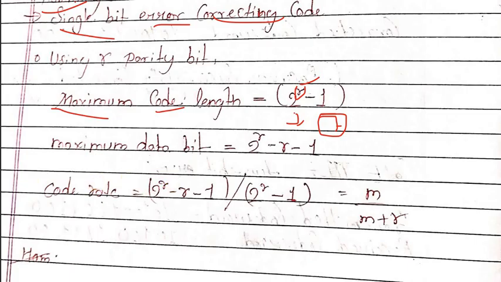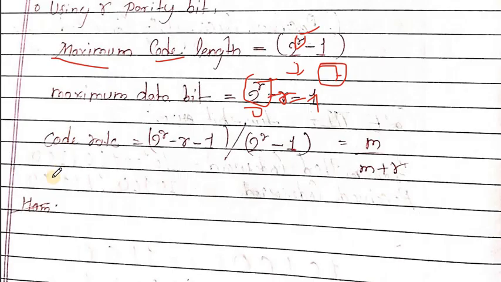Maximum data bits: if there are 2 to the power r, meaning 8 bits, out of the 8 there are r parity bits, and from that we have to subtract 1, because we have included the 8th place also. Code rate: for the code rate we have the total code length, which is message plus parity bits, and the number of data bits.